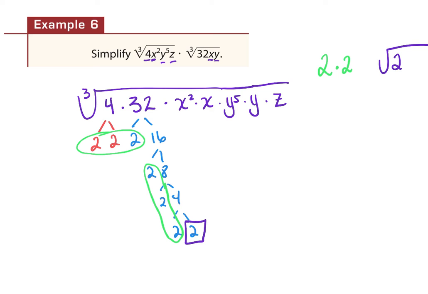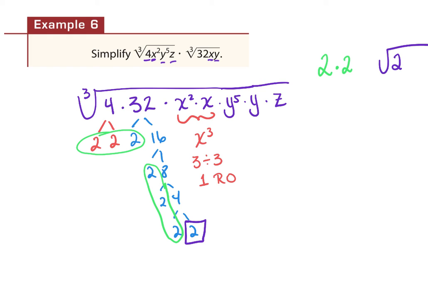Now, when I consider my variables, I need to consider exactly how many I have. All right, this is multiplication. So how many variables in total for x do I have? 3. I have 2 from the first set, 1 from the second. So this is x cubed. So when we do our division piece, we would say 3 divided by 3. That's 1 with the remainder of 0.